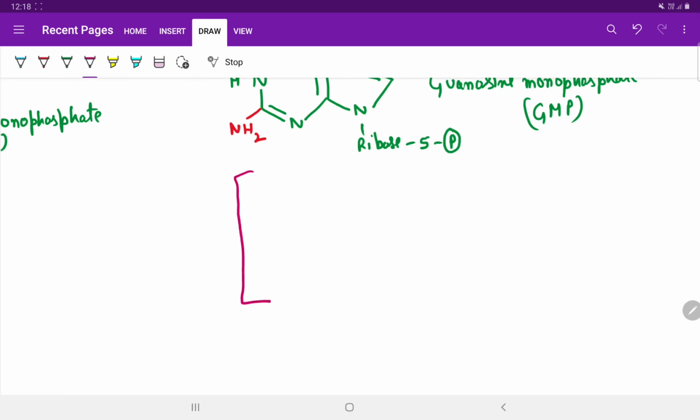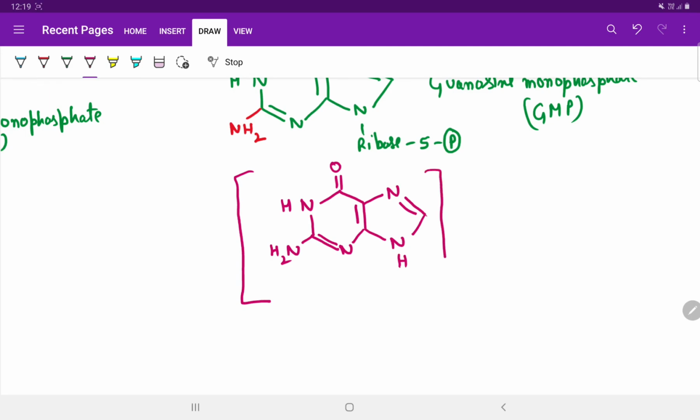The structure of GMP will be like this. So this is the structure of guanine.